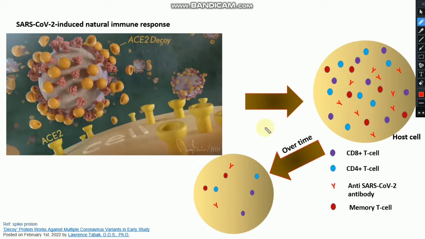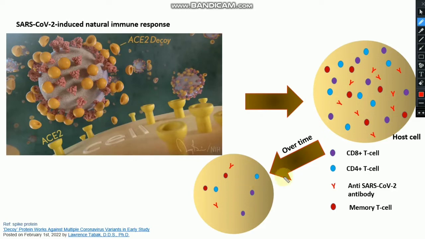I would like to mention one more thing: over time, the number of these immune cells and the antibody response declined. As you see in this figure, over time the number of these immune cells reduced, so the immune response reduced as well.